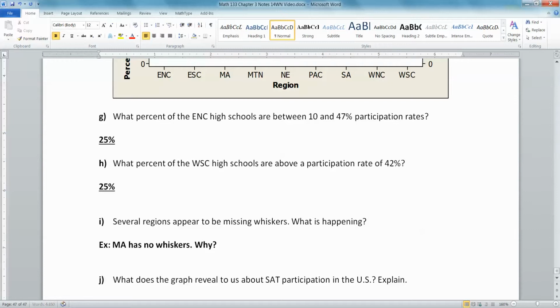That happens when the minimum is equal to Q1 and/or the maximum is equal to Q3. That can happen especially when it's a small data set.